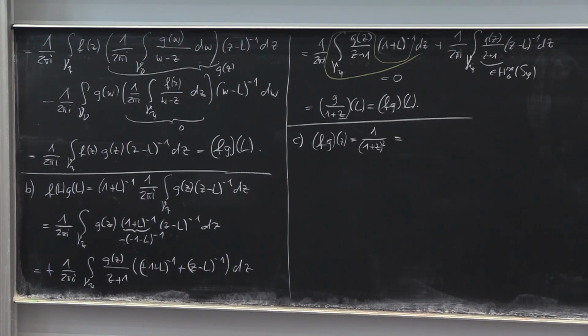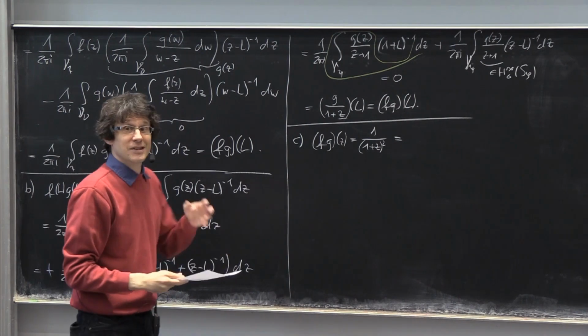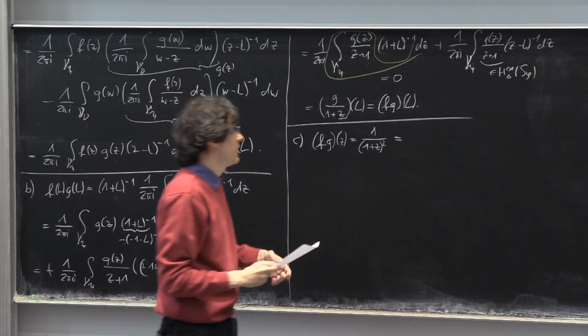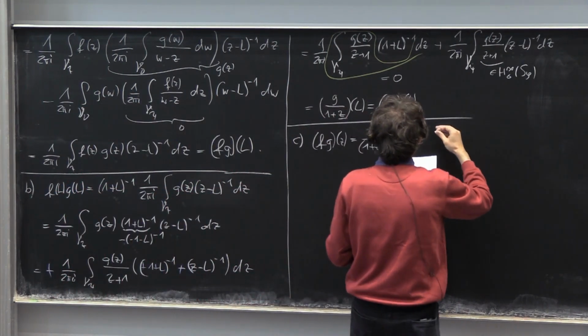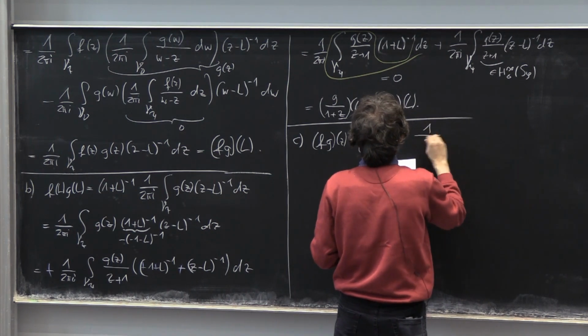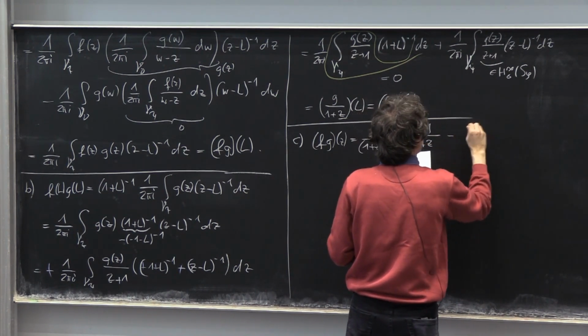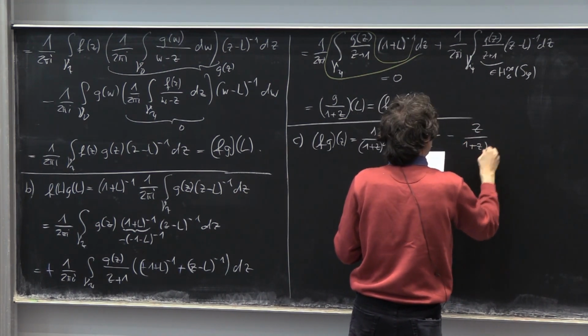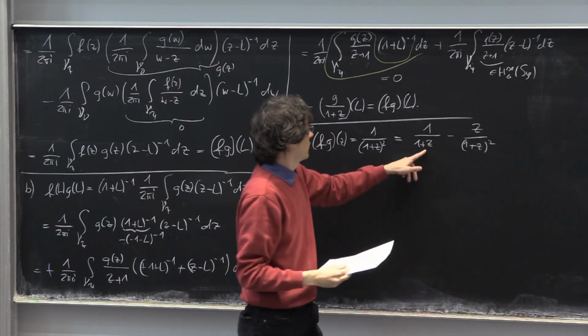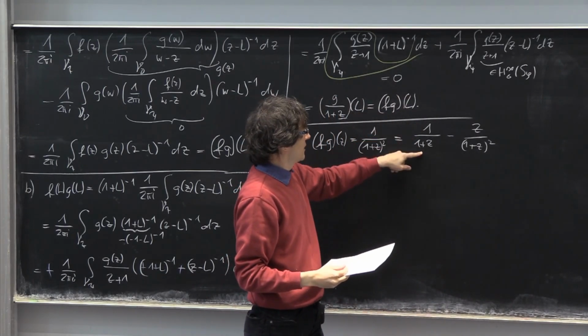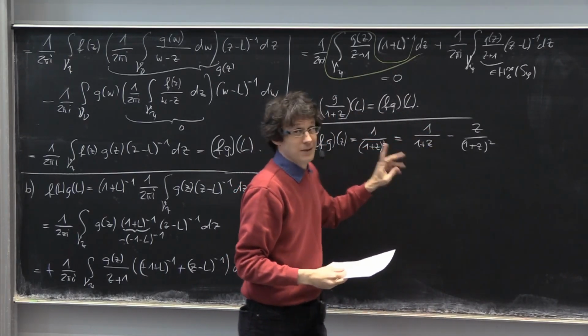So it's not so easy to see what comes out. So let's again do such a trick to expand it in parts. I claim this is 1 over 1 plus z minus z over 1 plus z squared. Just do the calculation: this gives 1 plus z over this squared, 1 plus z minus z is 1. Fits.